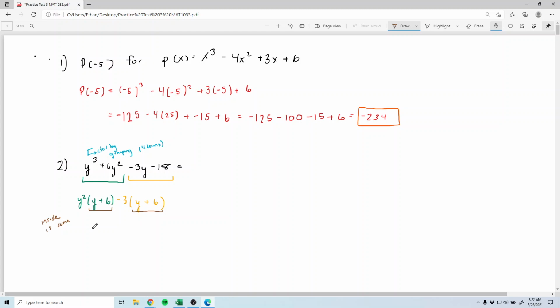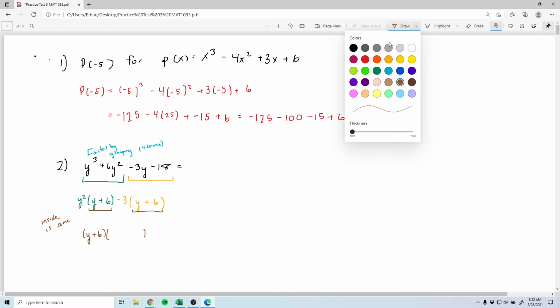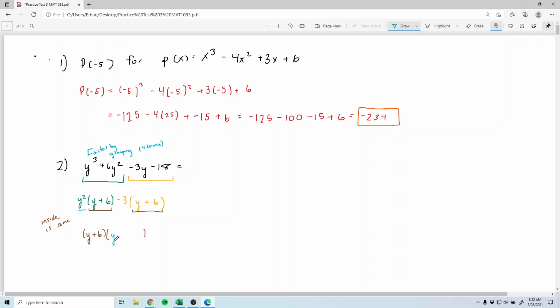And what you do to finish factoring is you can take out the common thing, that's the inside, so y plus 6, and what your other factor is, the stuff that's out front. So on the first part, we got a y squared out front, and the second part, we got a minus 3 out front.